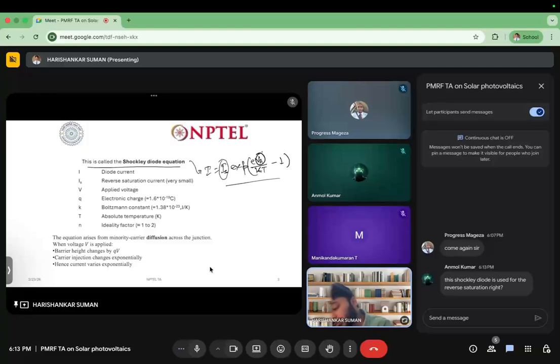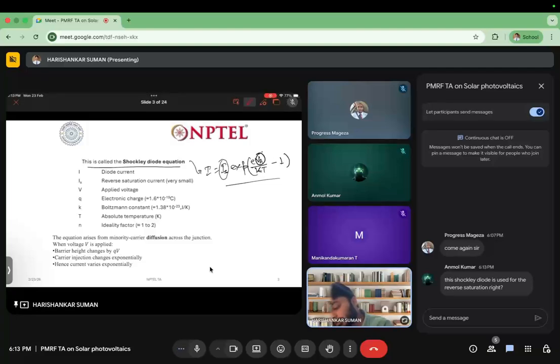This is the applied voltage like VA. We can use it in forward, reverse, all directions, not only the reverse.